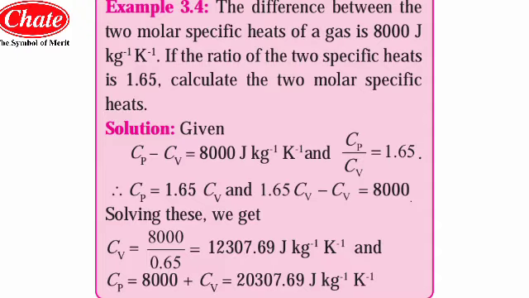They have given 8000 joule kg^-1 K^-1. And they have given the ratio of the two specific heats, meaning Cp upon Cv is 1.65. So these are the only two relations they have given us, from which we have to calculate the two molar specific heats.